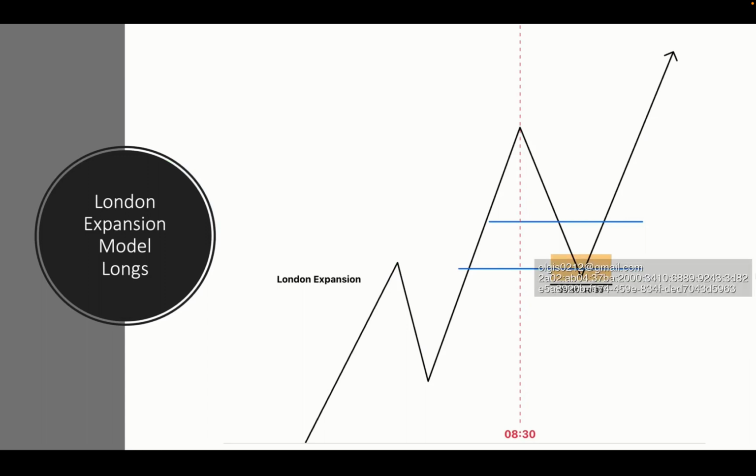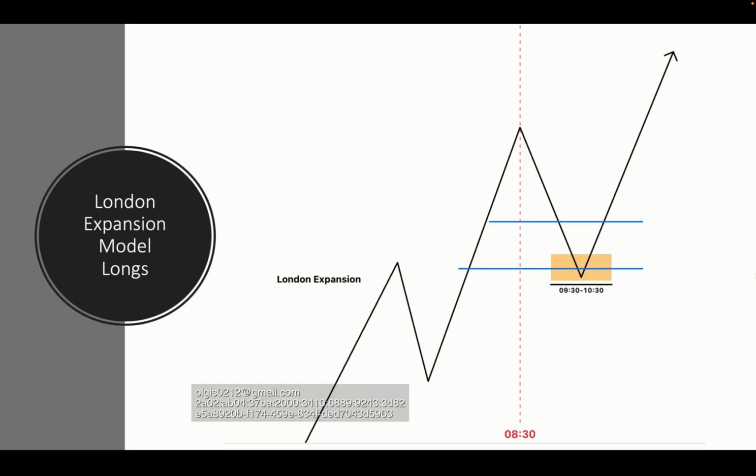And the final model for longs during the AM session is the London expansion model, where we see an expansion leg during London that leaves behind an imbalance. Then between 8:30 to 10, specifically, we want to see a retracement occur.